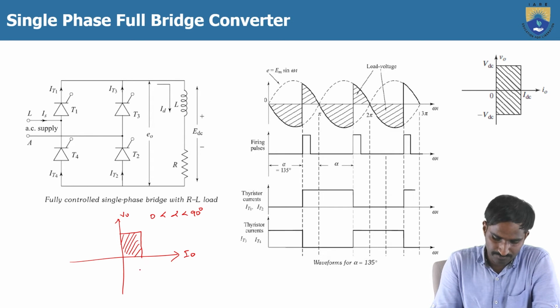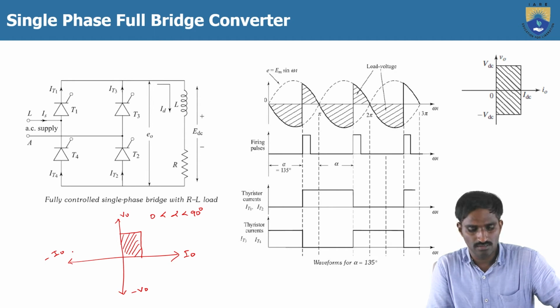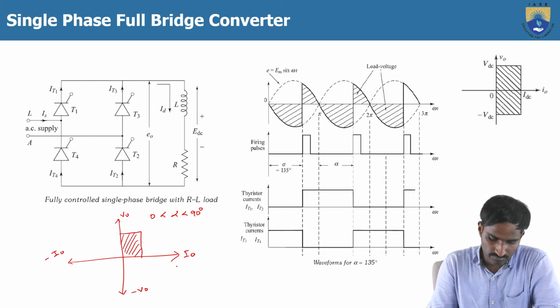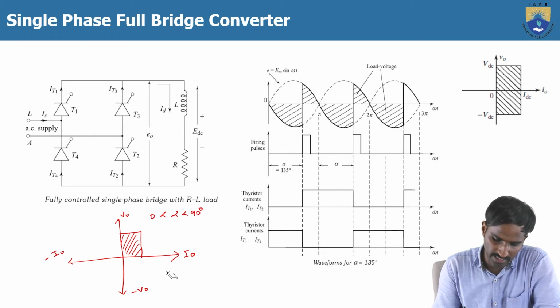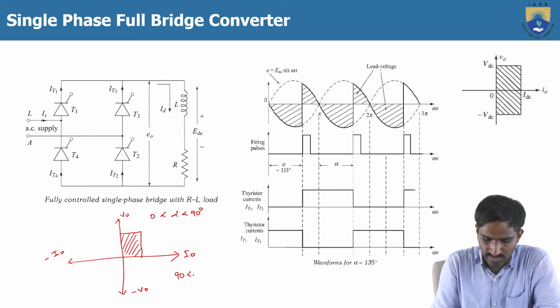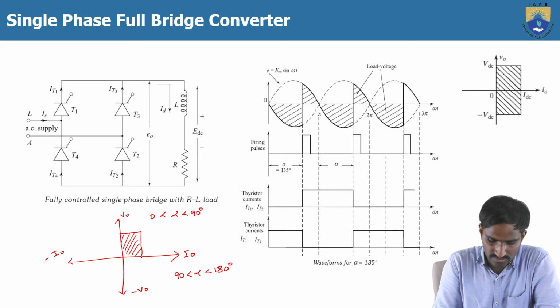And when here it is minus V naught, and here it is minus I naught. And here when the alpha is greater than 90, which here alpha is the firing angle, greater than 90 and less than 180 degrees, then you will get the negative.